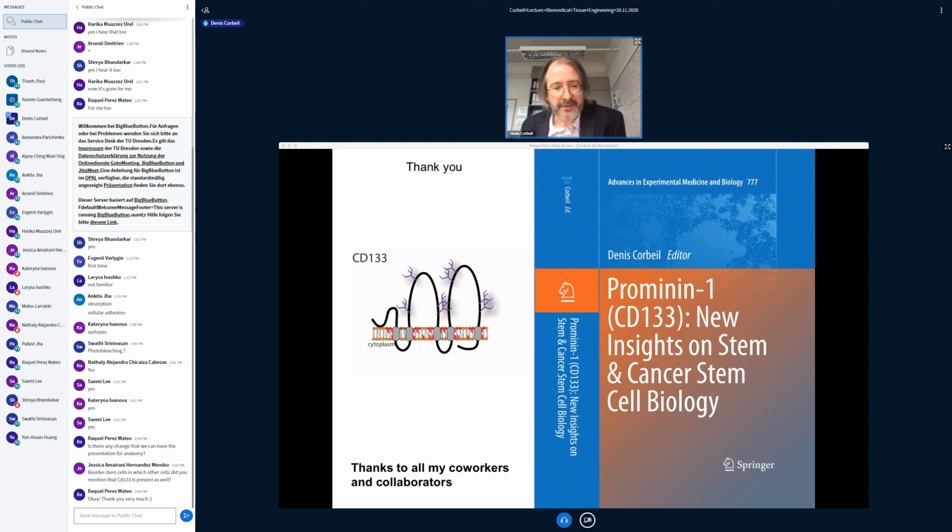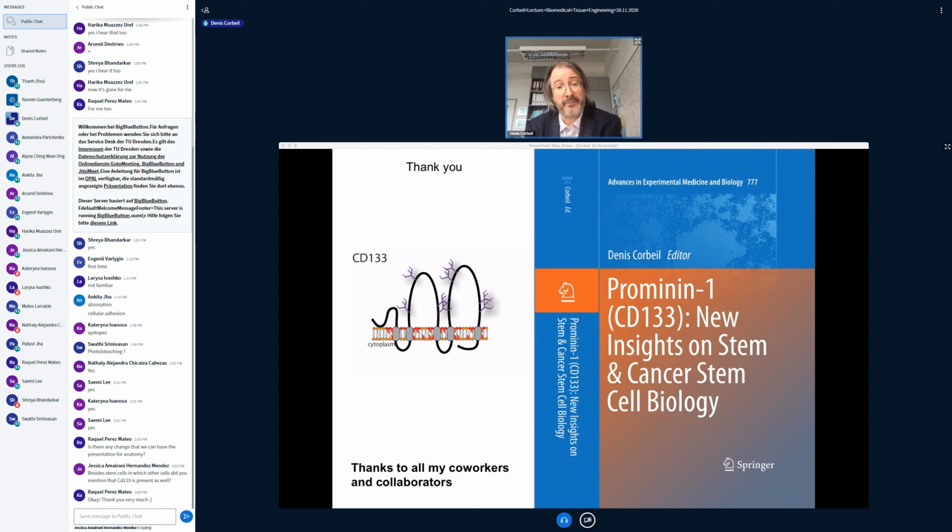So besides the stem cell, people asked me which other cells express CD133. Many cells express CD133. Almost all epithelial cells express CD133. It's also expressed in the retina. And as I showed you in the beginning, glial cells like oligodendrocytes, which make myelin around the axon, express prominin. Indeed, myelin is also a plasma membrane protrusion.